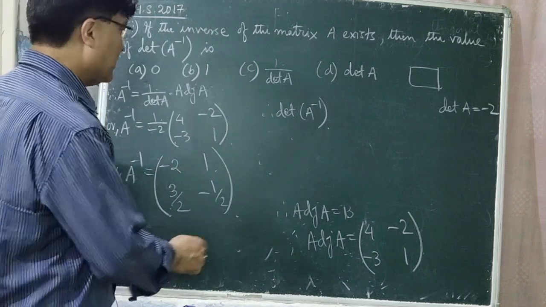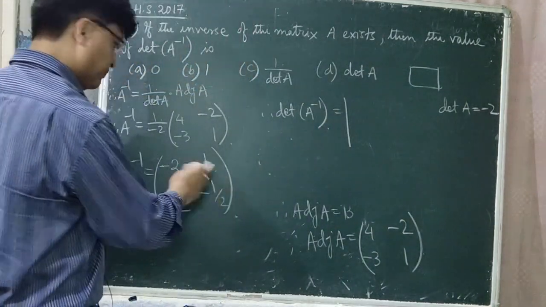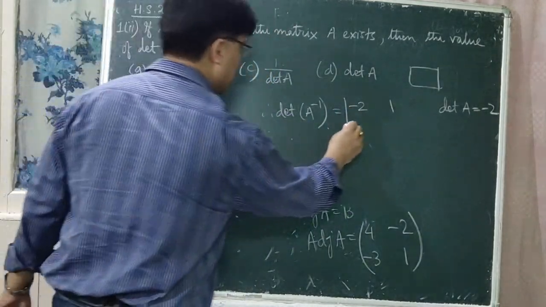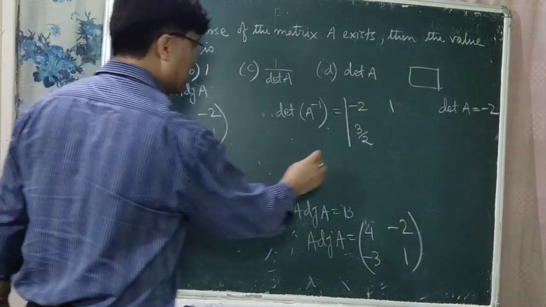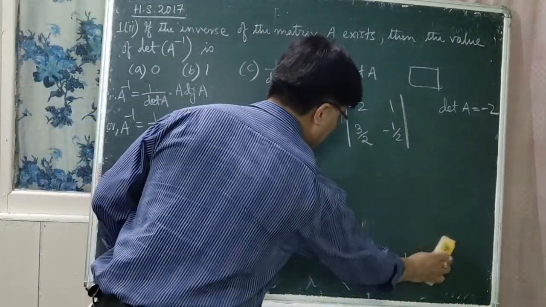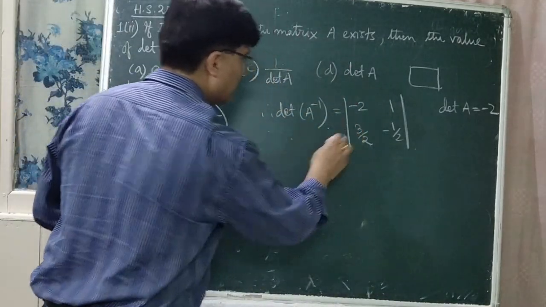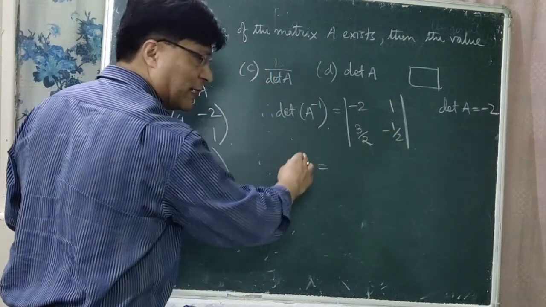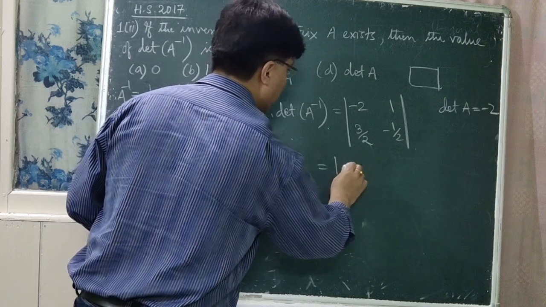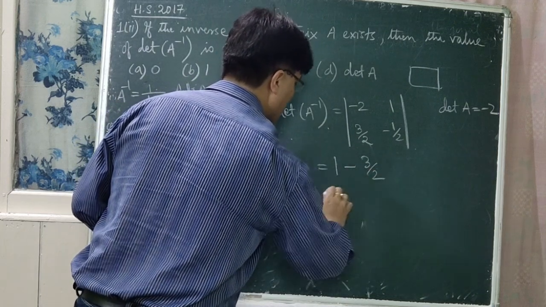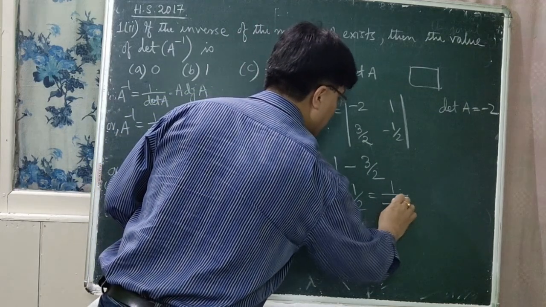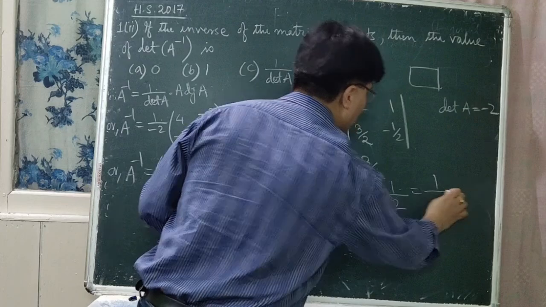So what is the determinant of A inverse? You can convert it into determinant form now: -2, 1, then 3/2 and -1/2. Is that clear now? You can expand this determinant by cross multiplying. (-2) into (-1/2) is +1, then minus 3/2 into 1 is 3/2. So 1 minus 3/2 gives -1/2, which you can write as 1 upon -2. And what is -2 here?